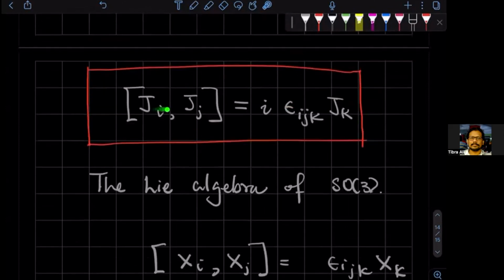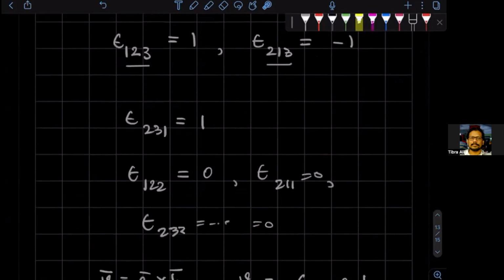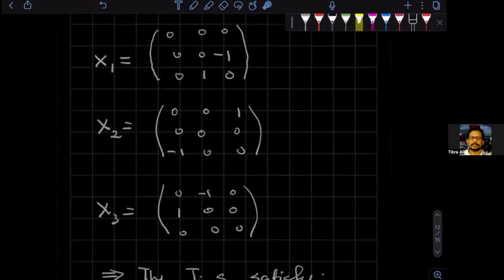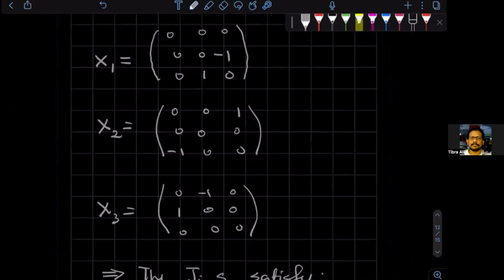So you're right. But what you can show is that the Pauli matrices are a particular representation of this algebra. And actually, it's the other way around. Depends on your point of view, but this algebra with the specific J's that we have chosen here, like these X's, and let me also write the J's here.